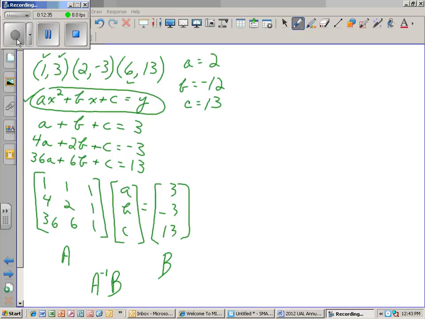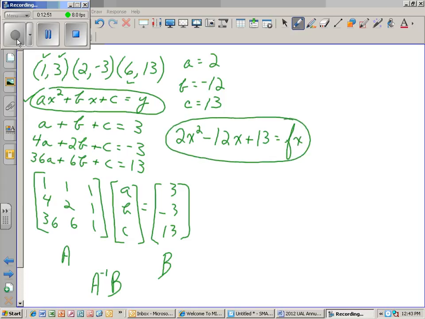And so the formula then would be 2x squared minus 12x, because that's our B, and then plus 13, and that's our function. And this is the quadratic function that contains the points (1, 3), (2, -3), and (6, 13). Fairly simple. All right? That's one way to do the problem. If you like that, go ahead and use it.